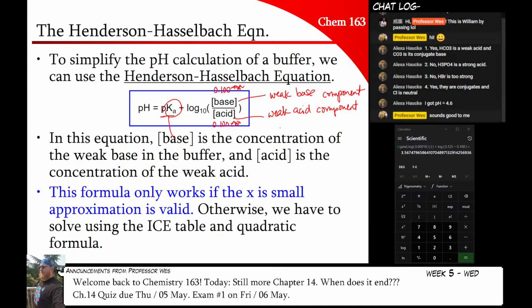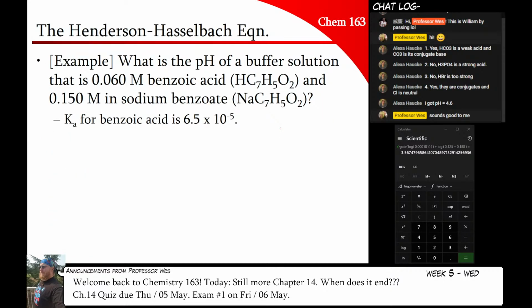If you're not allowed to scribble it out because X isn't small, then you have to use a solver. There is one other stipulation, and that requires that the base and the acid be within a certain ratio of each other. If you have too much of one versus the other, you don't have a buffer anymore, and then this equation falls apart because, again, X isn't small.